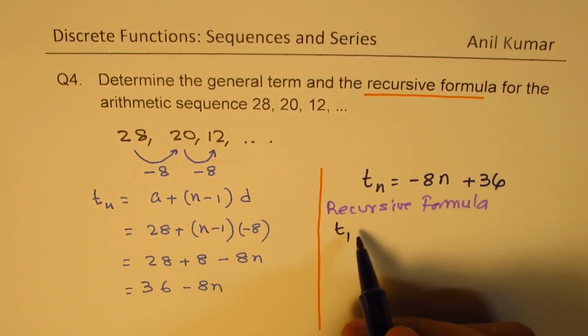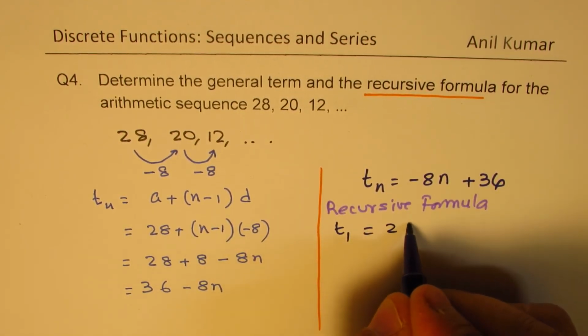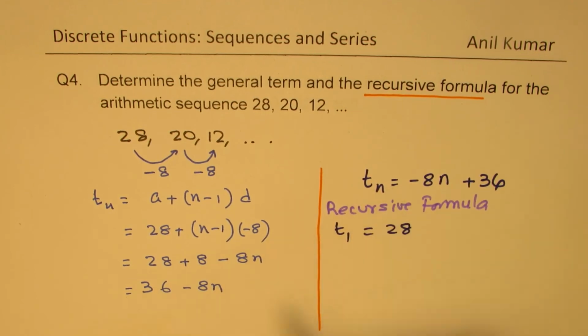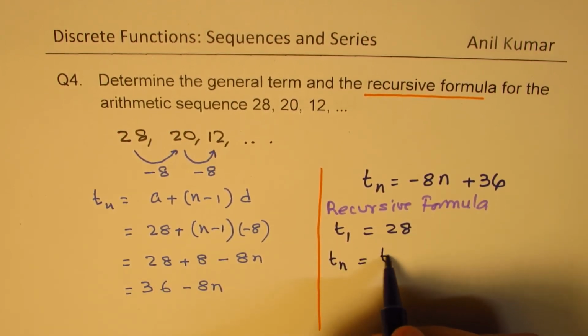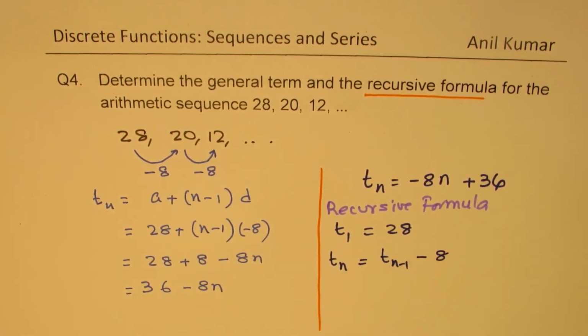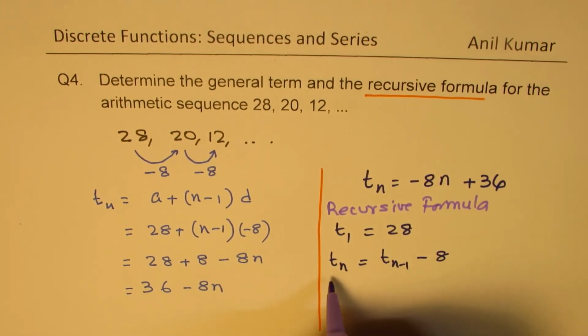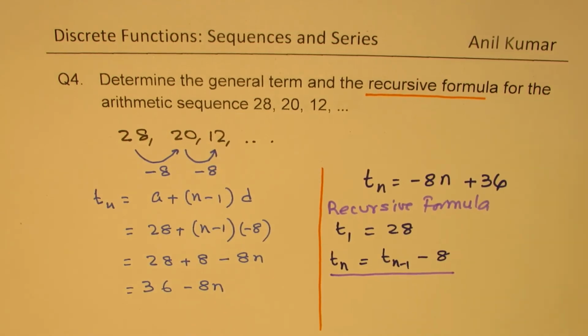Sometimes you mention more than one term. In this case, mentioning that the first term is 28 can help us. Now we can say that the nth term is the previous term, n minus 1, take away 8. That becomes your recursive formula. Is that clear to you? Perfect. So these are the two solutions for our question. That's how you do it.